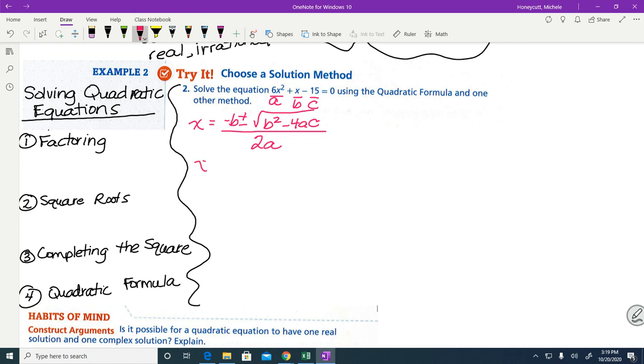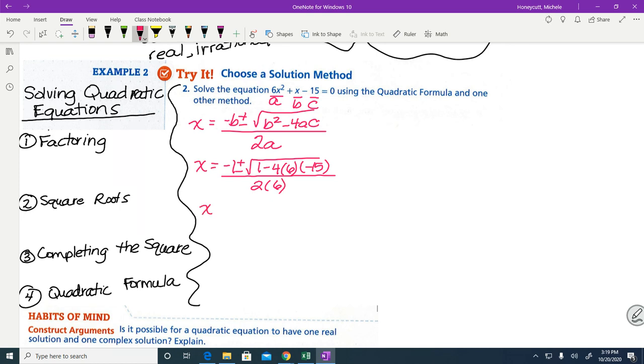I'm going to substitute in values for a, b, and c. X equals negative 1 plus or minus the square root of b squared, so 1 squared is 1, minus 4 times a, which is 6, times c, which is negative 15, all over 2 times a, which is 6.